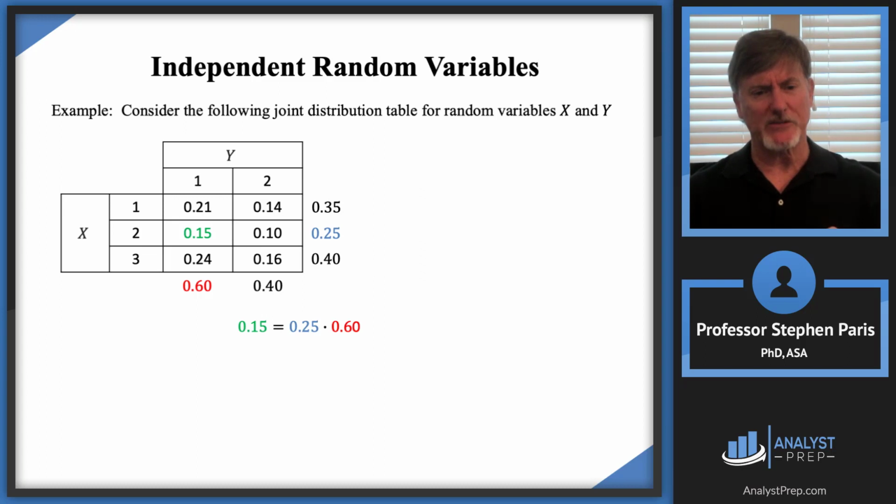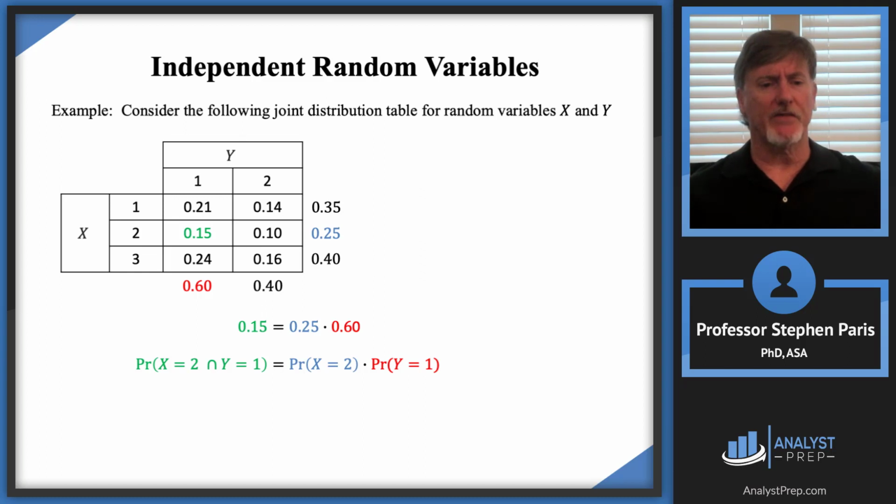So where do these probabilities come from, and what events are they the probability of? The 0.15 is the probability of the event that capital X is equal to a 2 and capital Y is equal to a 1. The 0.25 is the marginal probability that capital X is equal to 2, and the 0.6 is the marginal probability that capital Y is equal to 1. So that's where they came from.